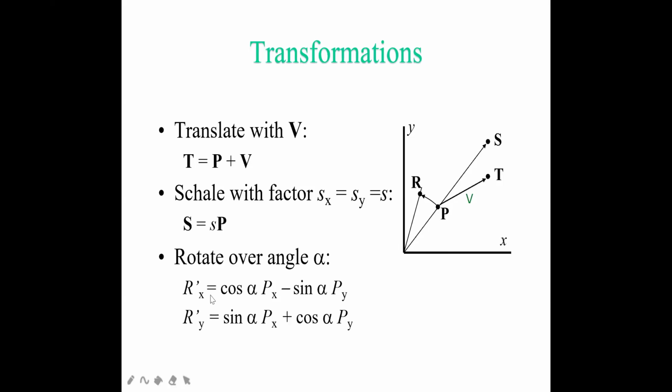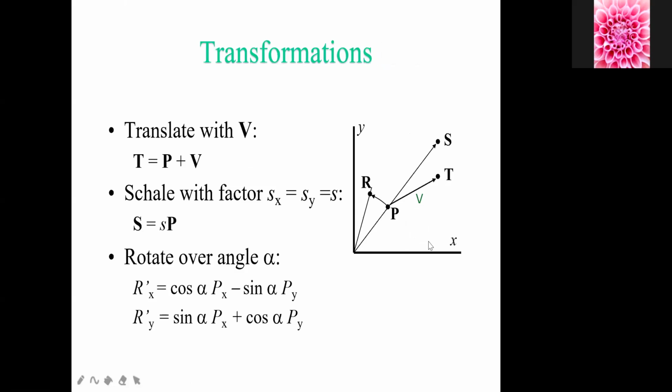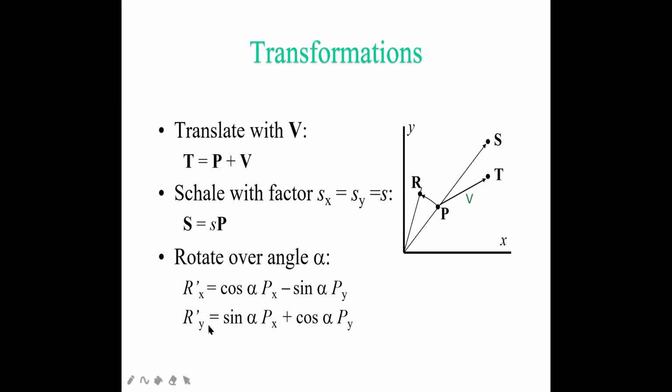Then R dash x will be the new point after rotation on your x-axis, and R dash y the new point on your y-axis. Here R dash x will be equal to, this is a direct formula, cos alpha Px minus sin alpha Py. Then R dash y will be equal to sin alpha Px plus cos alpha Py. This is a formula which we are going to write directly.